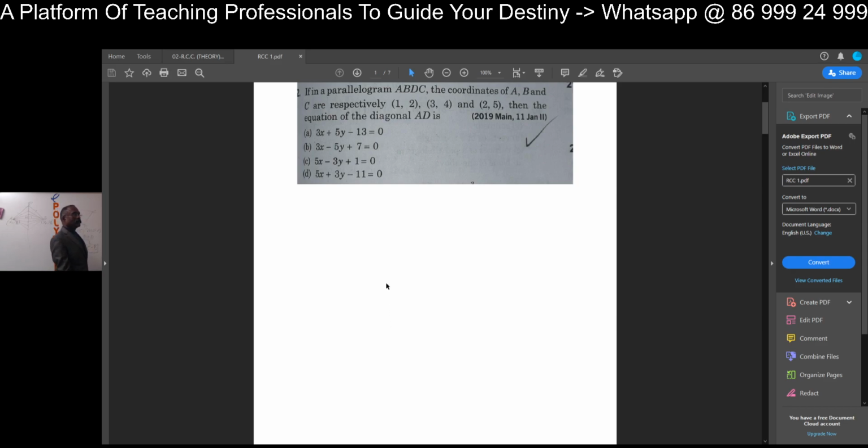See this question, please. If in a parallelogram ABDC, the coordinates of A, B and C are respectively (1, 2), (3, 4) and (2, 5), then the equation of the diagonal AD is.